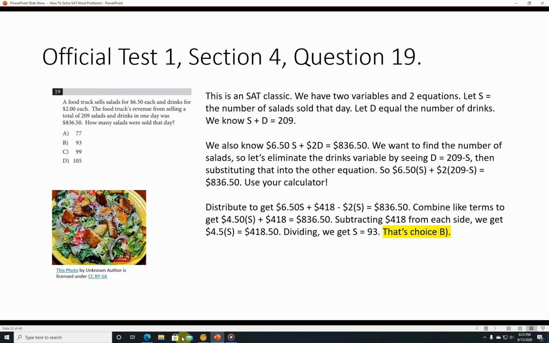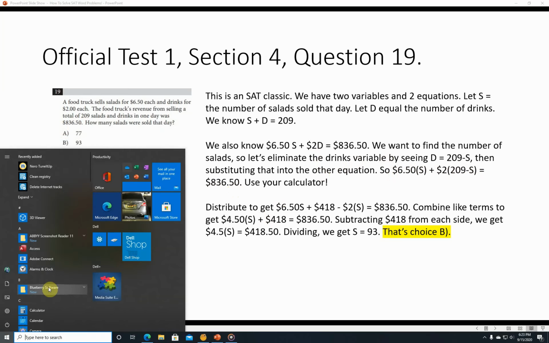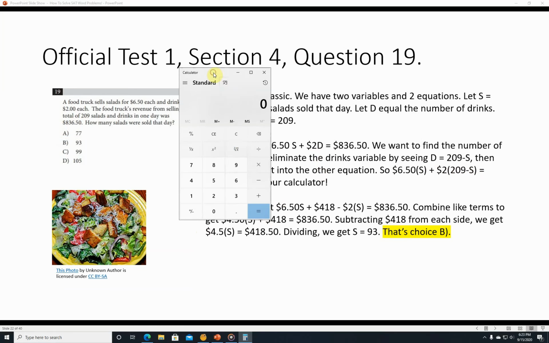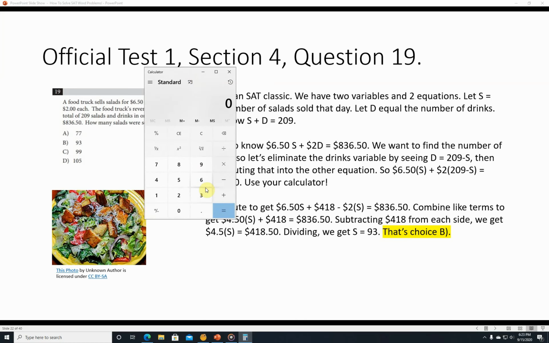Use your calculator. So we know that 6.50S minus 2S, so we're going to get 4.50S, and then we know that 2 times 209 is 418.